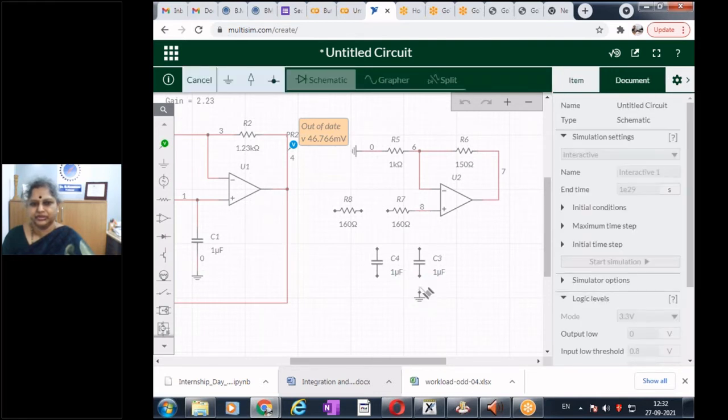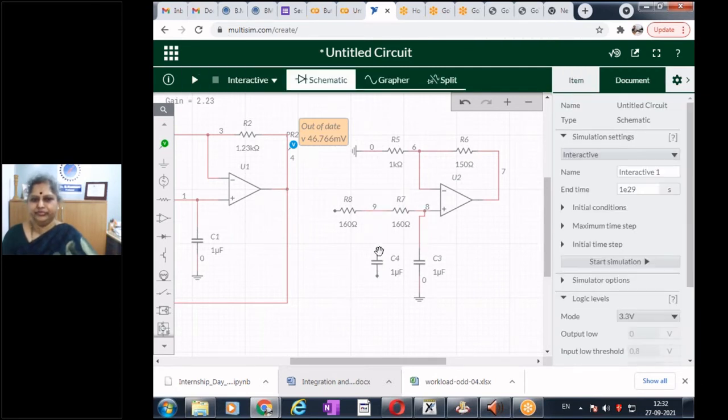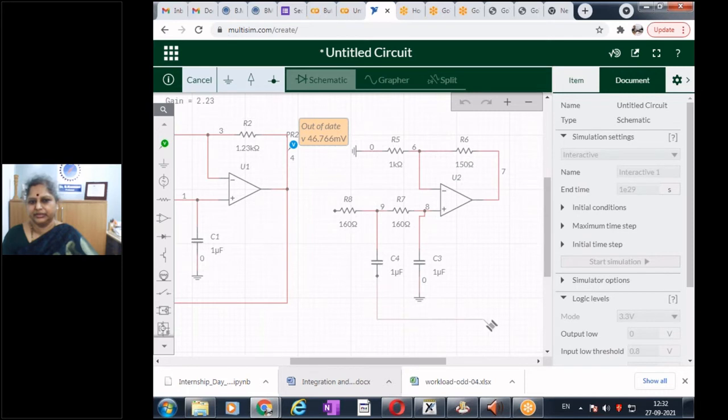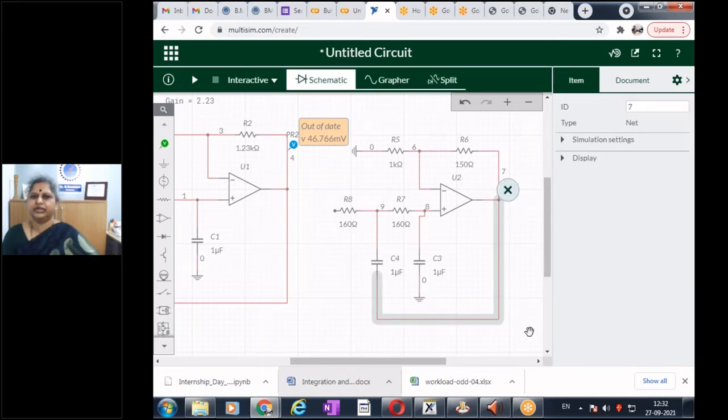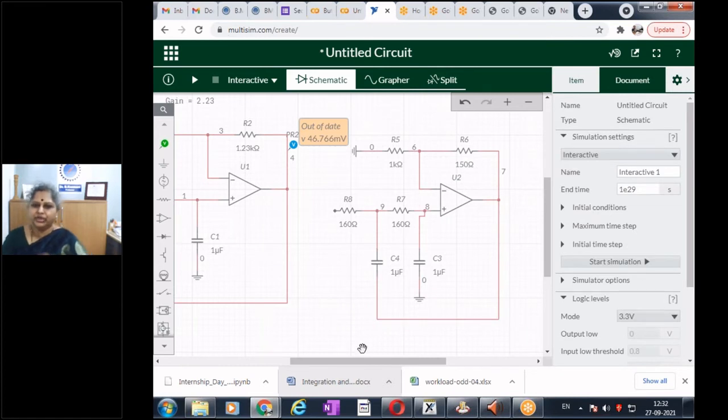Yes, so this is what we have. The resistor, then this wiring, and I'm done with it. So now, what should I do?